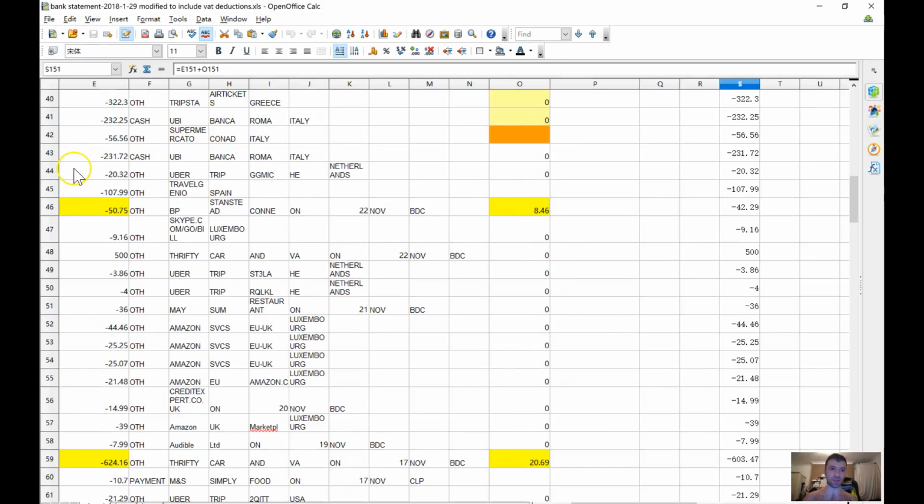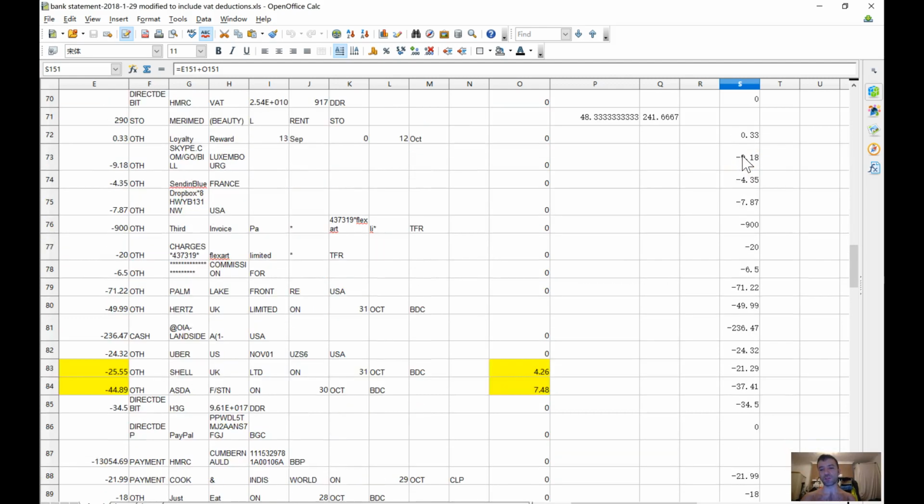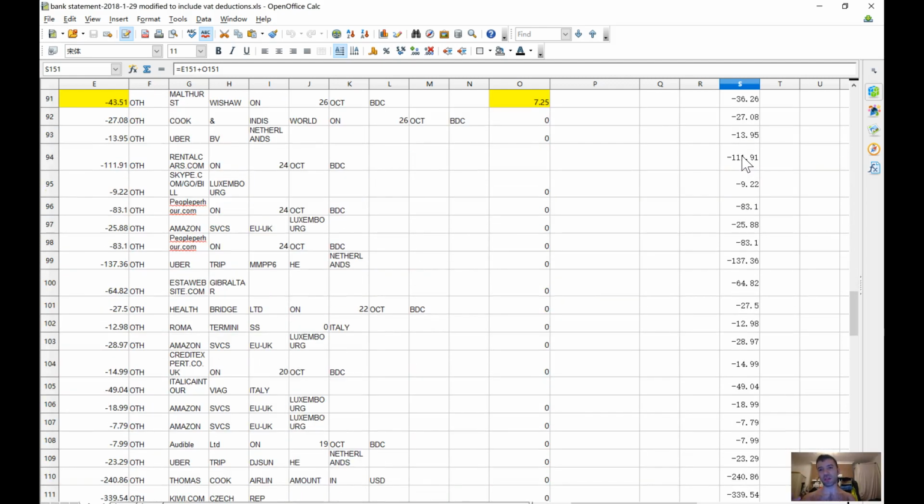Then you look at each receipt, see what date it corresponds to, find the same total amount, and put the VAT that's being paid out here, and then you do the same thing here again.